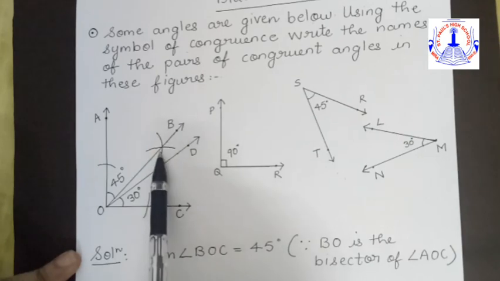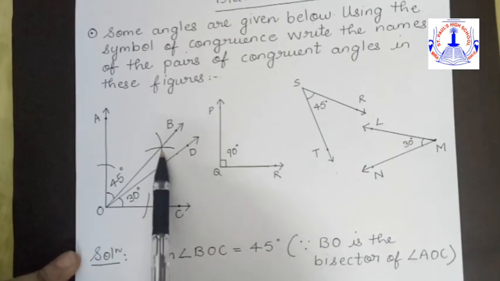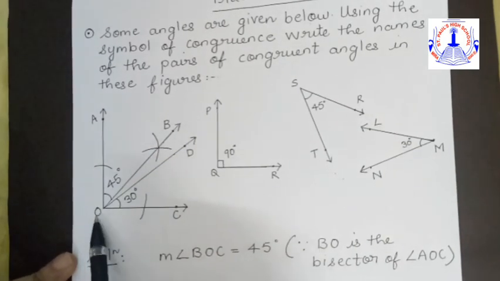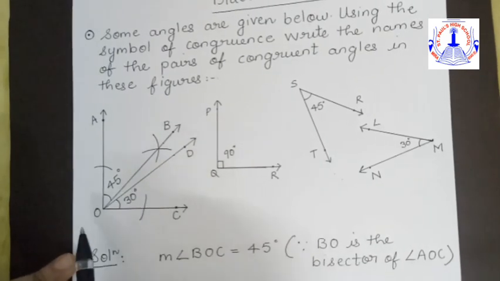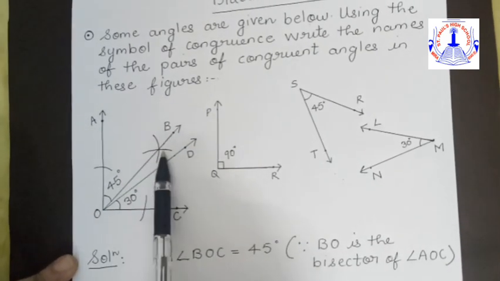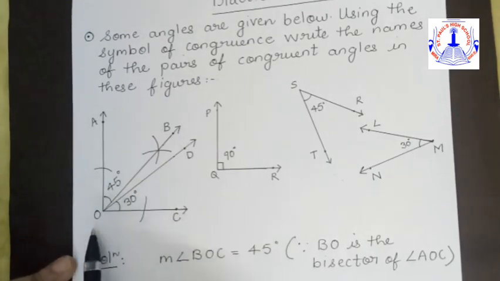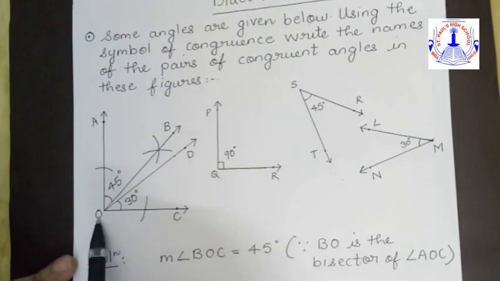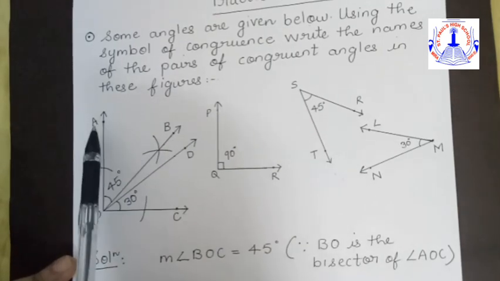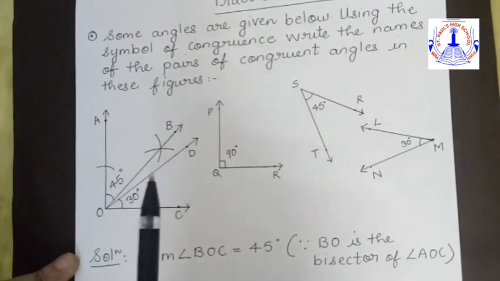But if you see the arc that is drawn over the ray BO, this arc shows that the ray BO is the bisector of the angle AOC. Ray BO is the bisector.